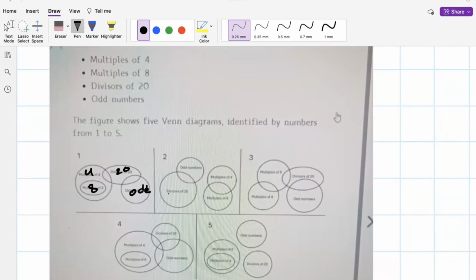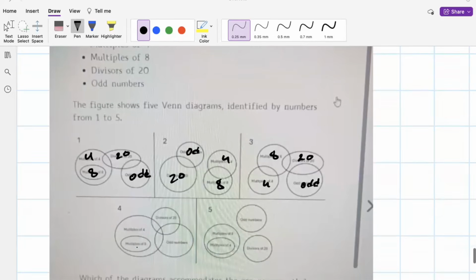So we have the divisor of 20, odd number, multiple of 4, and multiple of 8, in different arrangements across the options.